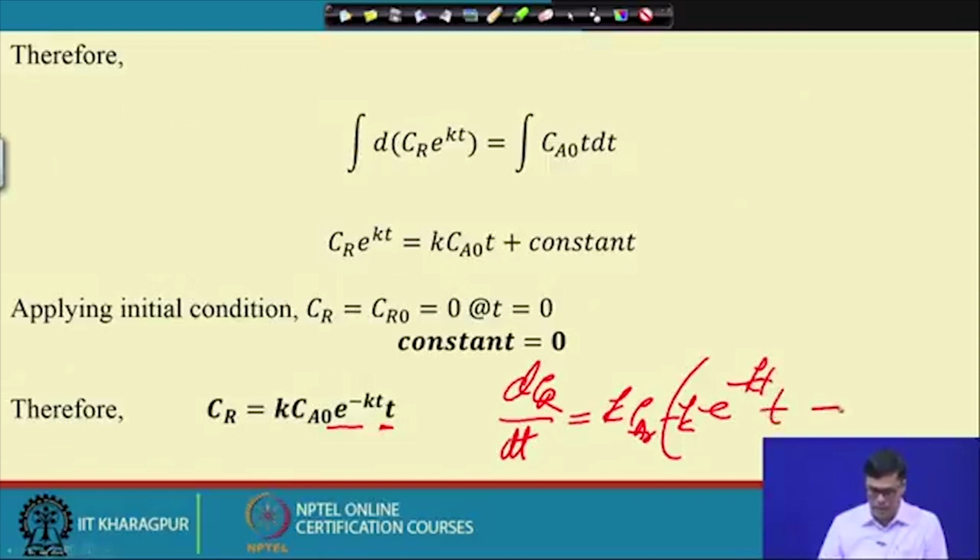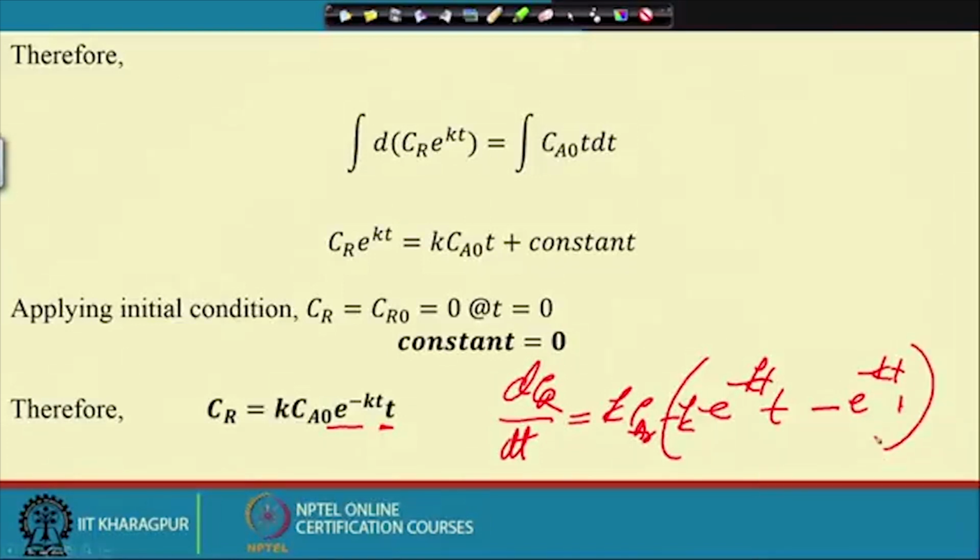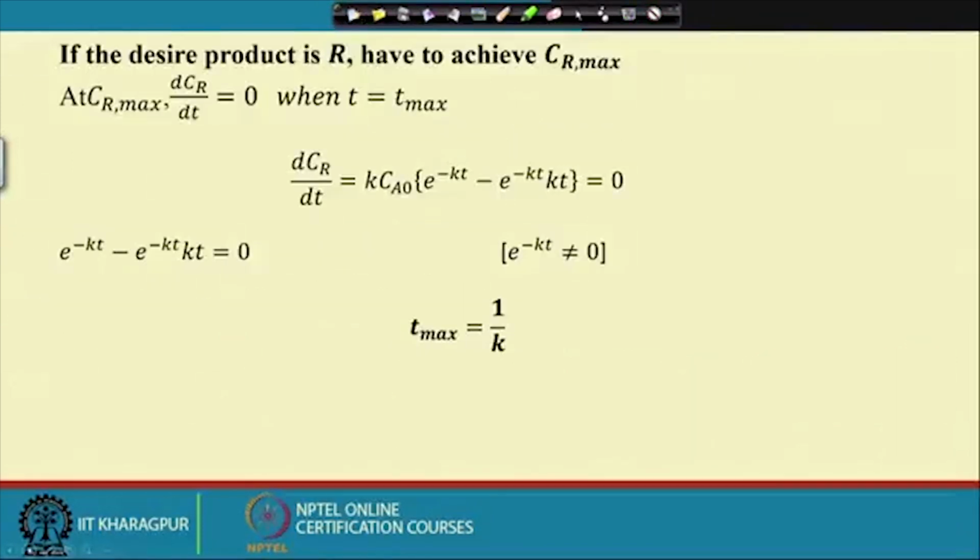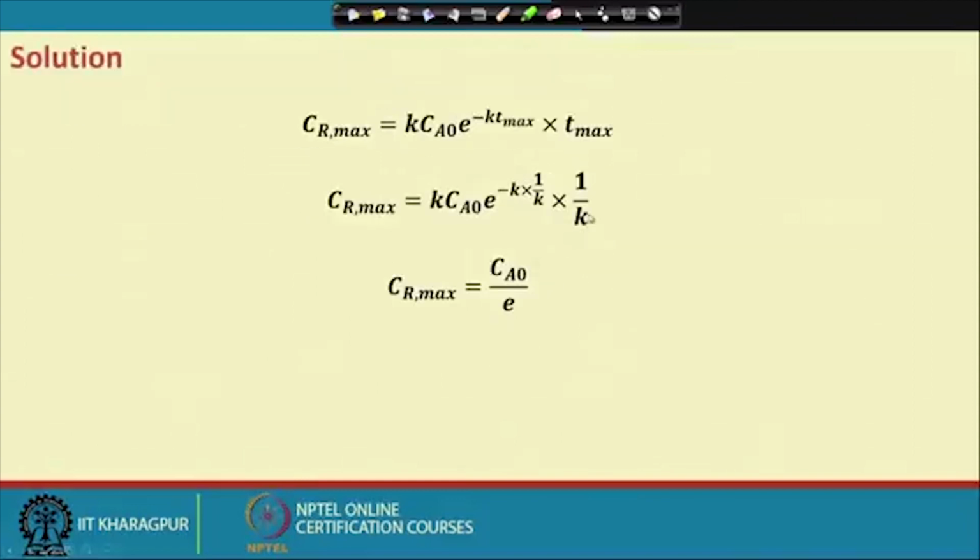Then we can write e to the power minus Kt into 1, because differentiation of t with respect to t is 1. If we differentiate that, the minus will become plus, and we will get this equation: e to the power minus Kt into (1 minus Kt), equal to this one.